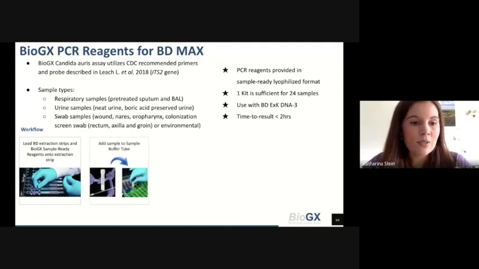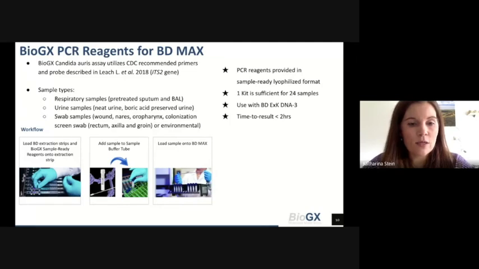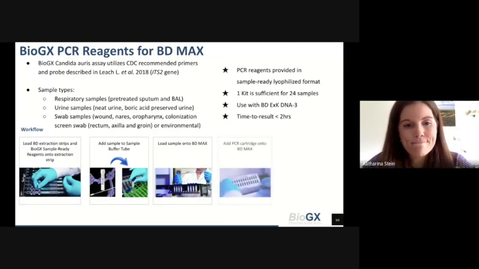Then the sample is added to the sample buffer tube, which also comes with the extraction strip. And once that's done, the sample racks are loaded onto the BD MAX. And then the PCR cartridge is also loaded onto the instrument, and then the run can start. So yeah, that's it.